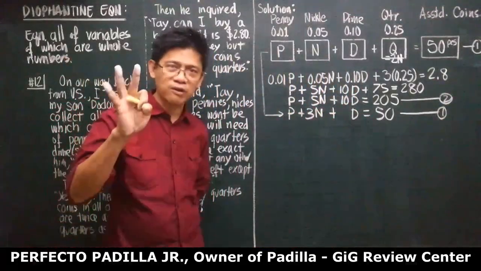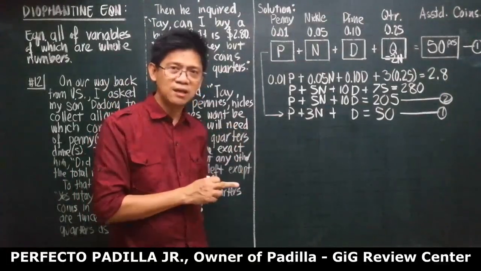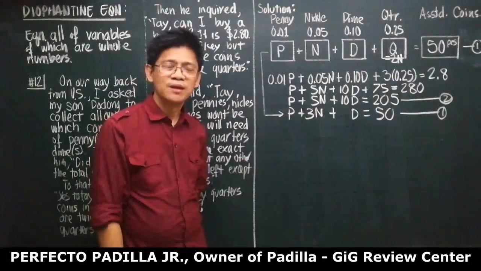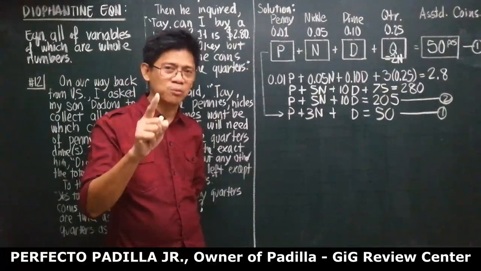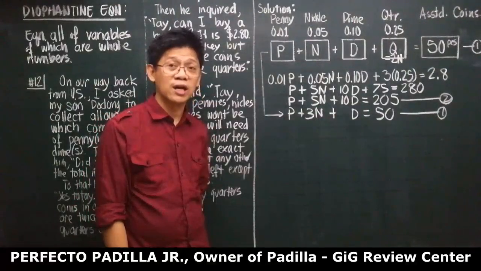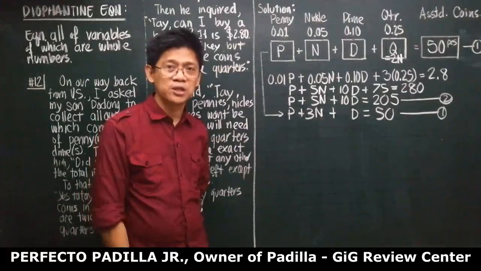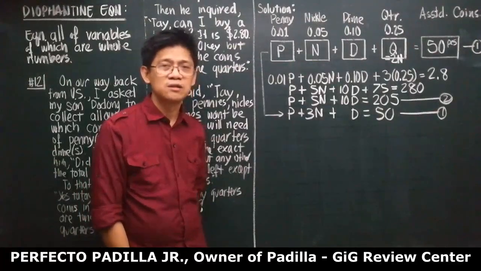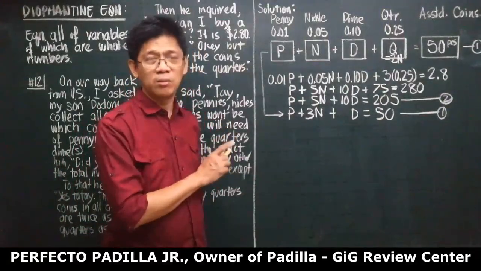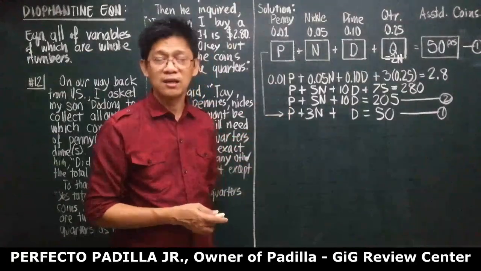We have 3 unknowns, P, N, and D. We have only 2 equations. We need 1 more equation to make it 3 equations, 3 unknowns. So, kulang ng equation. Ordinarily, you cannot solve this system of equations. The only reason why this would be solvable is if the 2 equations are Diophantine.